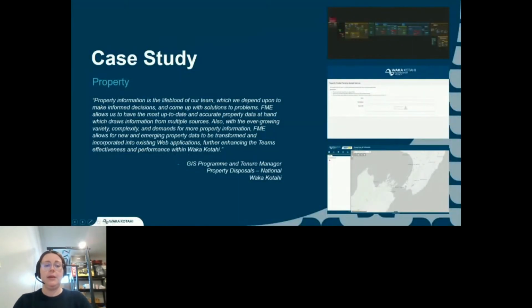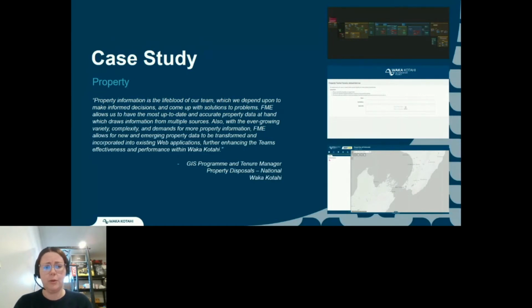So here we come to a case study where I'll demonstrate how we're enabling the enterprise. We're highlighting here the property team at Waka Kotahi who have seen success within the agency with the help of FME. Waka Kotahi New Zealand Transport Agency manages over $1.5 billion worth of property for the purpose of land transport investments such as expressways.